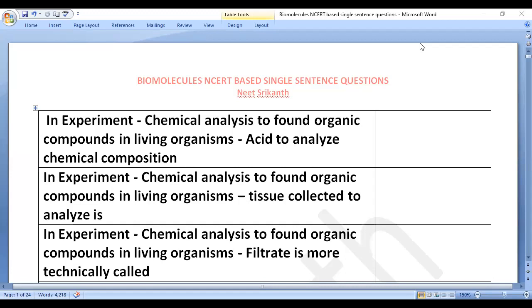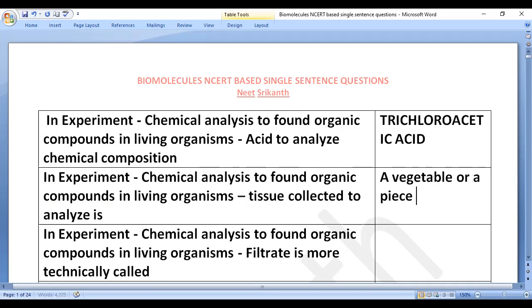Let's start. In the experiment on chemical analysis to find organic compounds in living organisms, the acid used to analyze chemical composition is trichloroacetic acid. The tissue collected to analyze is a vegetable or a piece of liver.